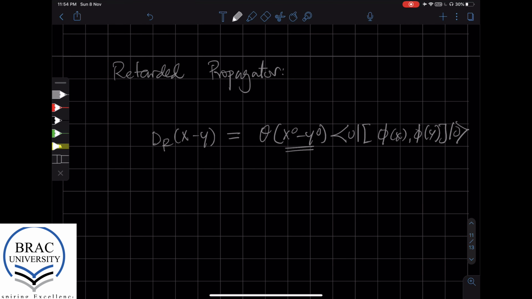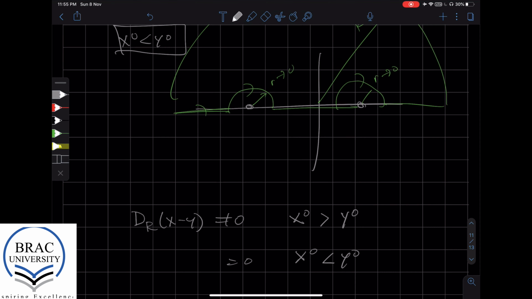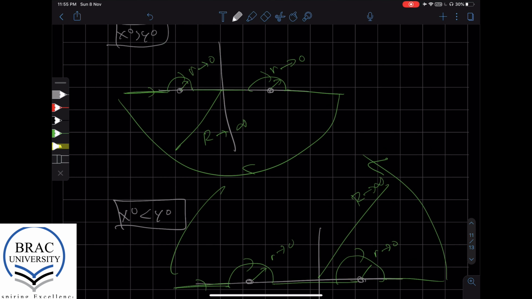Now, you should realize that intuitively, if we had chosen different contours, then we could have other kinds of propagators. Their functional forms will be different. For example, for x0 greater than y0, the contour will not close below, but it will close above.